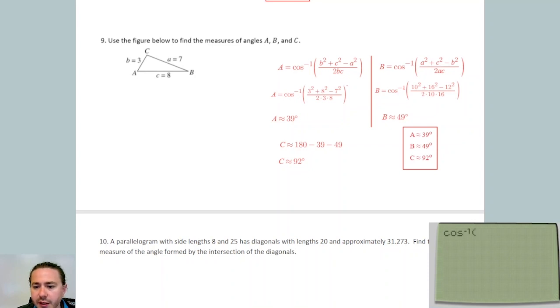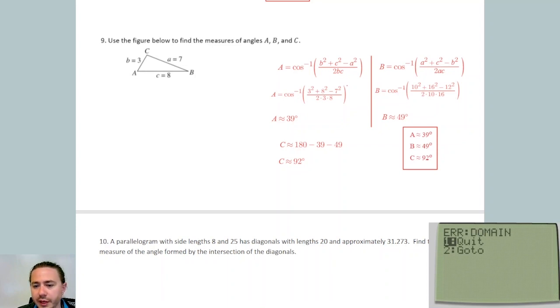Inverse cosine of a fraction: 3 squared minus 8 squared minus 7 squared, all over 2 times 3 times 8. And domain error, maybe I mistyped something.